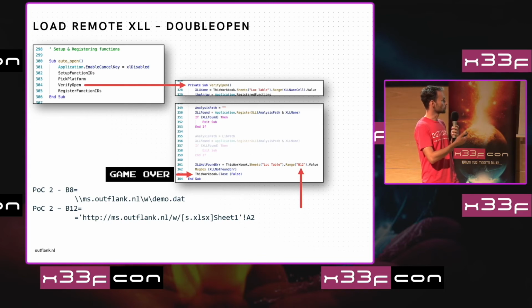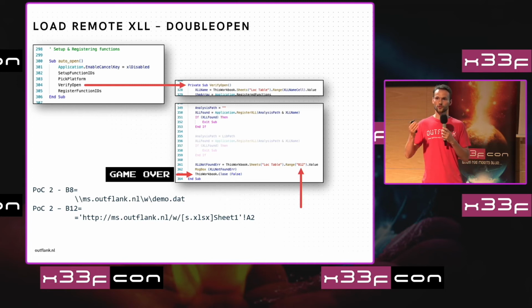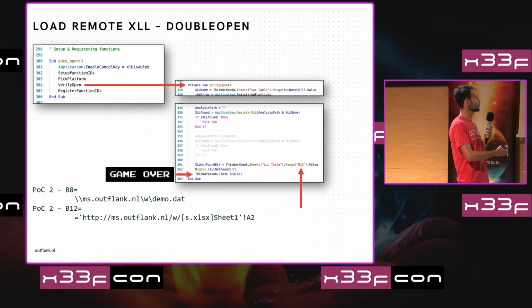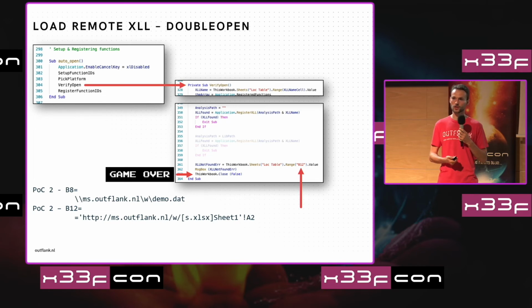Remember that the workbook would close when no valid XLL is found? We can abuse the error message being shown just before that. The first time a user double-clicks on this infected add-in, register XLL would not be able to reach the WEBDAV location because web client is not running.